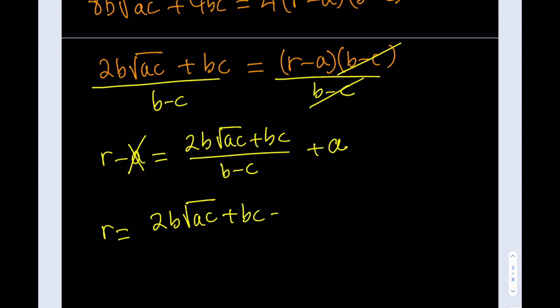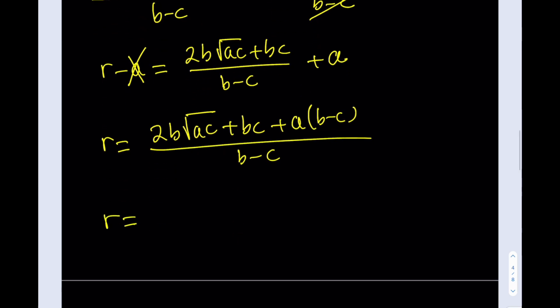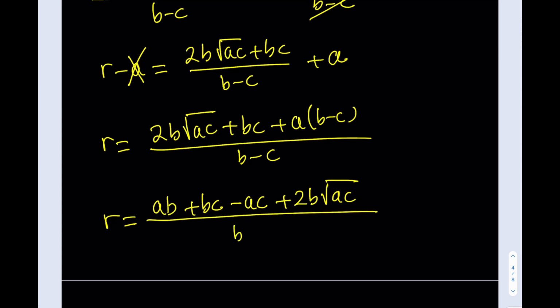So I'm going to go ahead and distribute this A times B minus C, all over B minus C. All right, let's do one more step and then just arrange this a little bit. I'm going to get AB from here, and then I have BC minus AC plus 2B times the square root of AC all over B minus C. And that should do it.